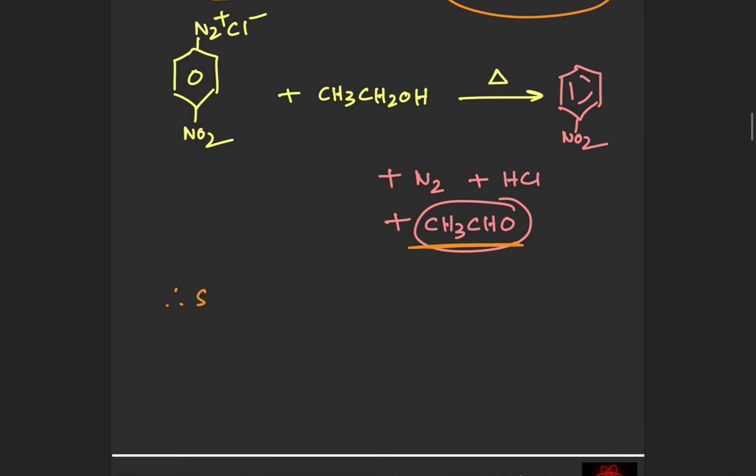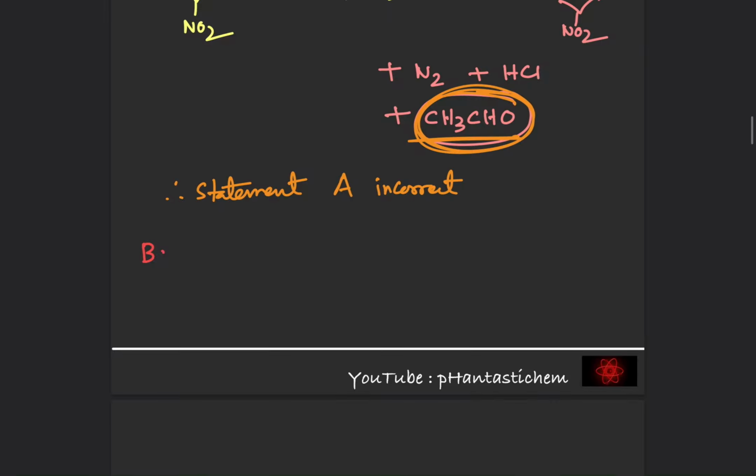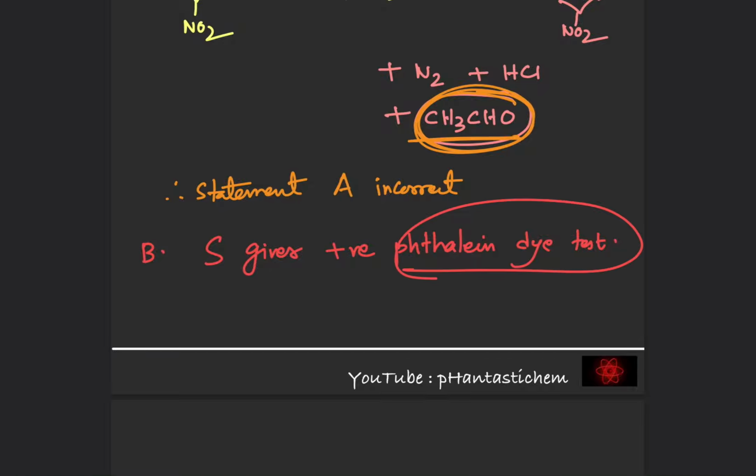Okay, so therefore statement A is incorrect because we get an aliphatic aldehyde. Okay, cool. Statement B says that S gives positive phthalein dye test. Okay, so we need to know what is phthalein dye test.